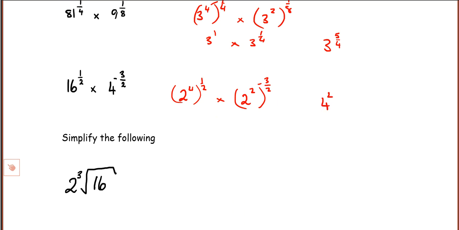So, sorry, it's 2 to the power of 4 times a half, which is 2. And then we've got 2 times negative 3 over 2, so that leaves me with negative 3. Okay, and then I finish it off with 2 add negative 3 is 2 to the negative 1.